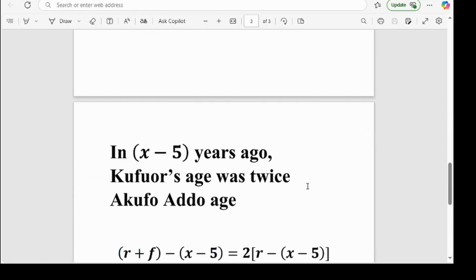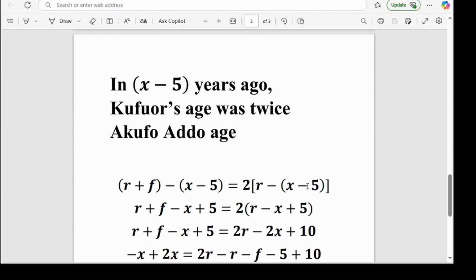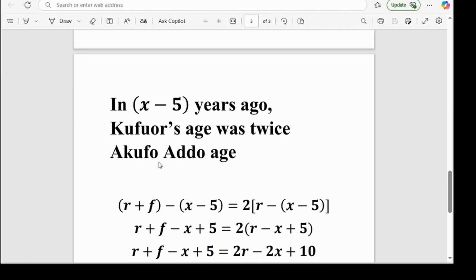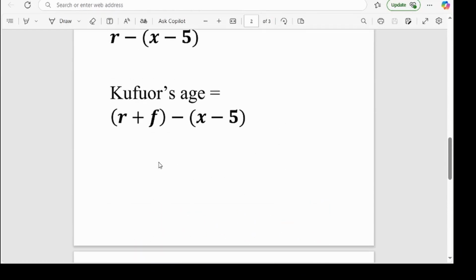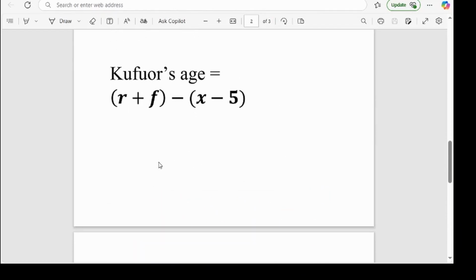Okay, so S minus 5 years ago, Kufuor's age was twice Akufo-Addo's age, right? So earlier on, we gave the expression for Kufuor's age to be in bracket R plus F minus in bracket S minus 5.